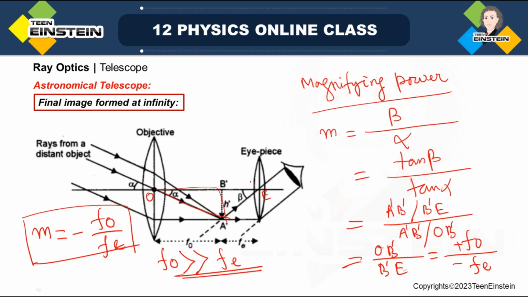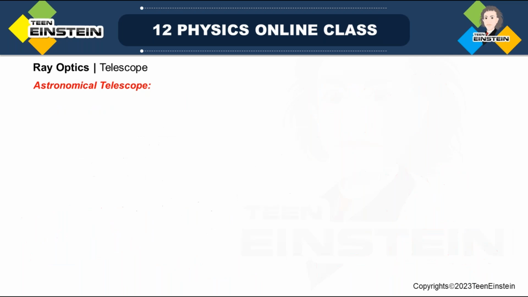We have done what is called a telescope. It is actually a device which enables us to see distant objects clearly, and it increases the angular magnification of distant objects. Okay, so we have learned what a telescope is.